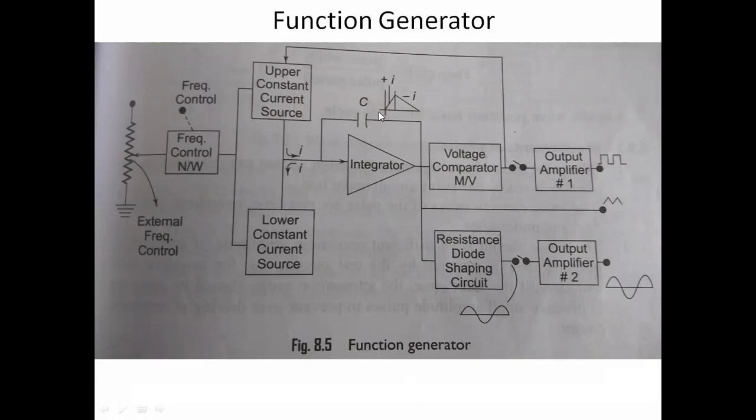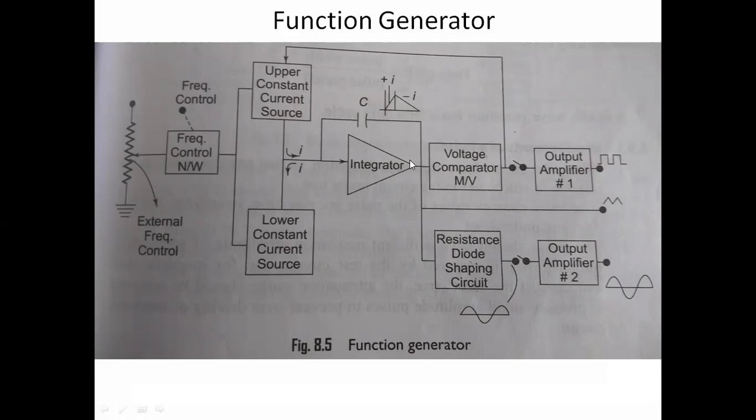The output voltage reaches a predetermined maximum value, and again the multivibrator produces a change, which disconnects the upper constant current source and connects the lower constant current source. With this, again the lower constant current source generates the negative current.